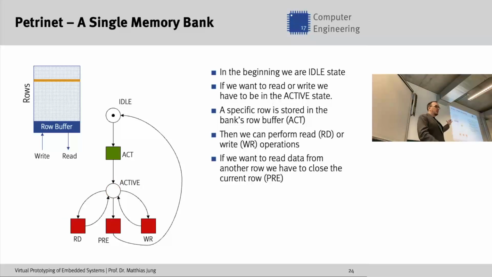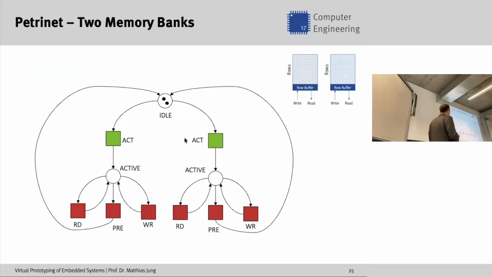Okay, now you would say, okay, that's much more complicated than the two-state machine that we had before. That's true for the single bank, but now that can scale. So if we want to have a two-bank system, we just copy the Petri net, basically, and just connect it then to the idle state, and we also increase the number of tokens. Yeah? So we have 2 tokens now.